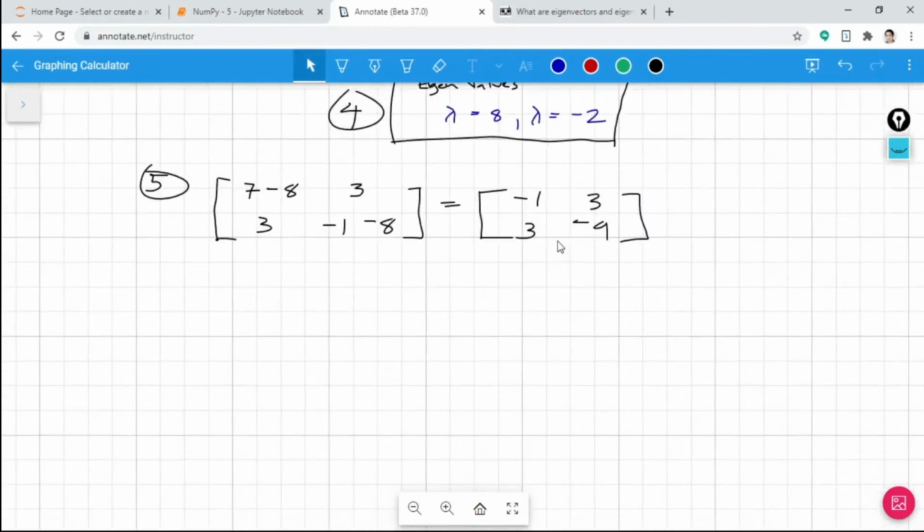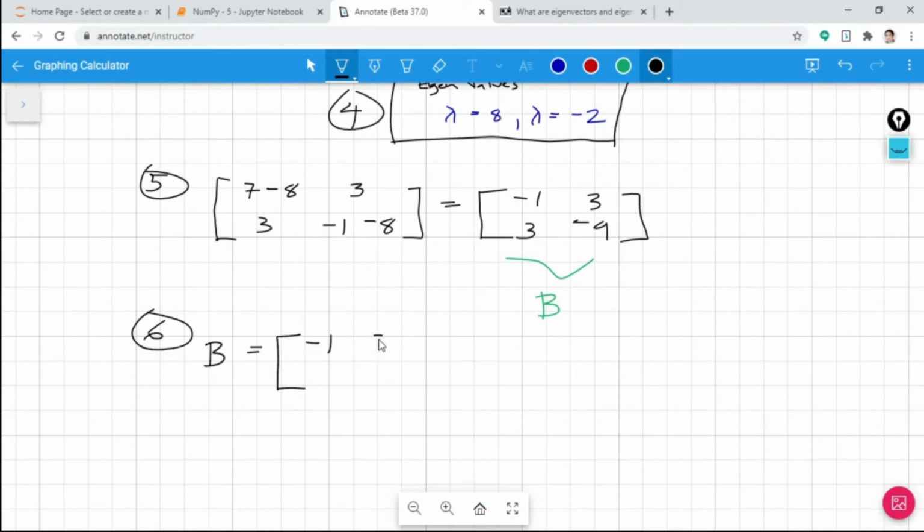so we will solve, let's denote this one as matrix B already. Okay, so the next one is we compute for the eigenvector of eigenvalue 8. So let's denote this as B. So let's say B is equivalent to negative 1.